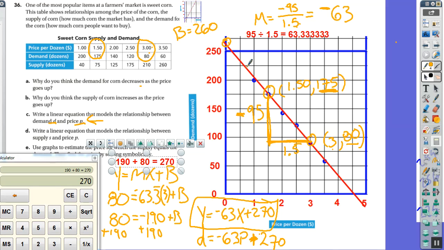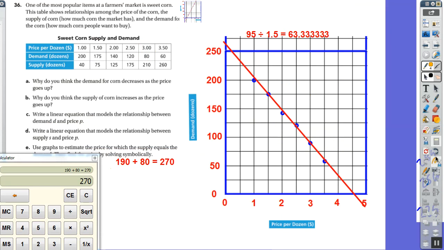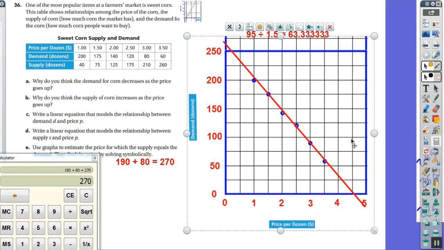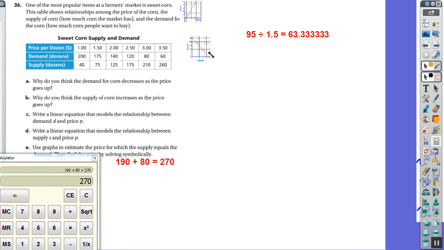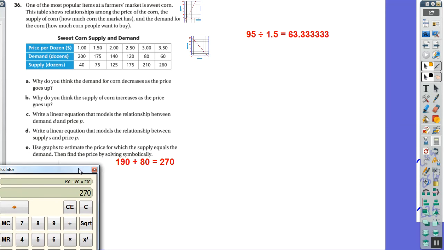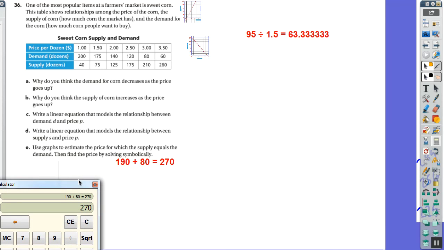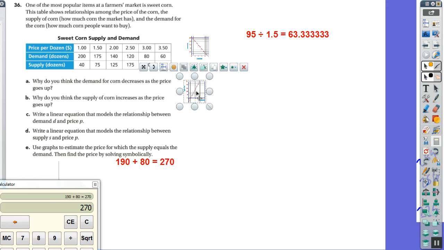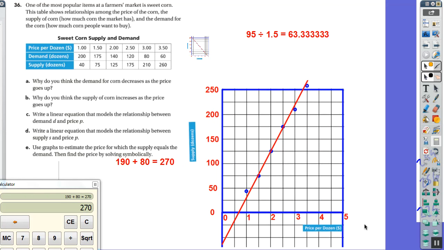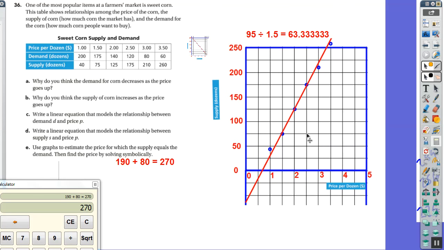Now this video is on the verge of getting really long, so I'm going to speed things up a lot by saying the next thing that you're supposed to do for D, which is basically the same question but only you're looking at supply and price. You're going to take this graph and do the exact same thing.